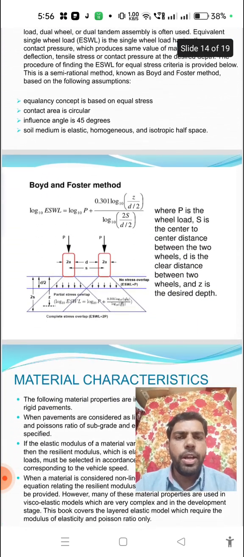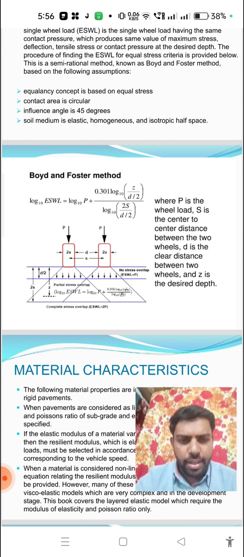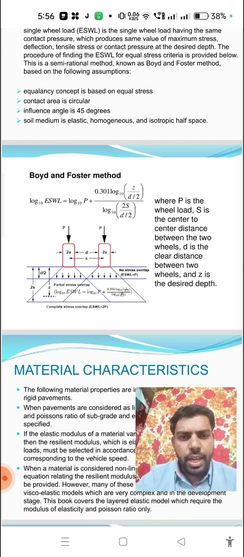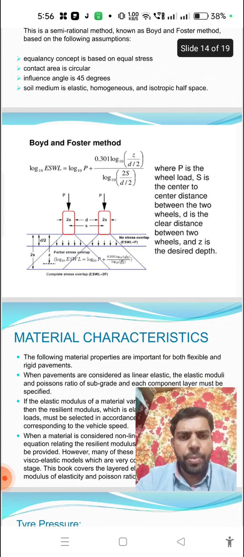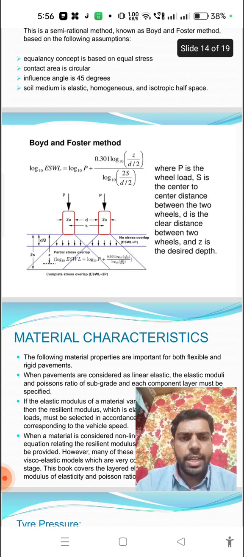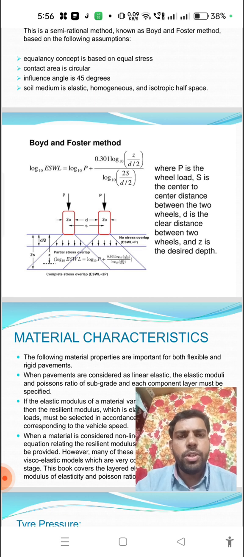In the Boyd and Foster method, two wheels act on the pavement. In this pavement, the load distribution is in a triangular portion. In this triangular portion, the linear, non-linear and elastic nature is divided into three different sections. The developed expression is used to find the equivalent single wheel load.